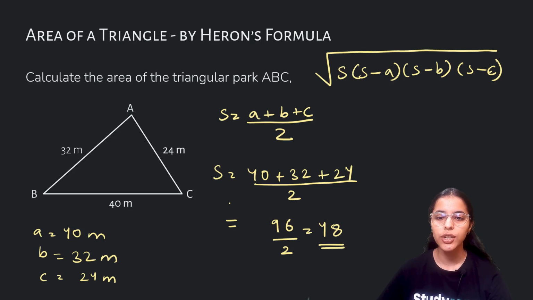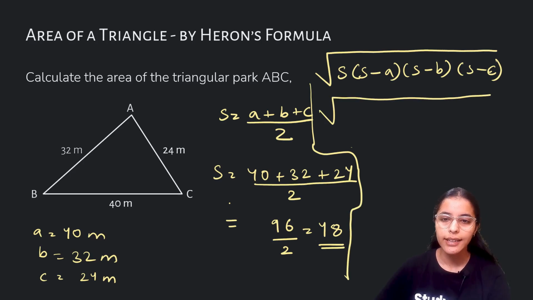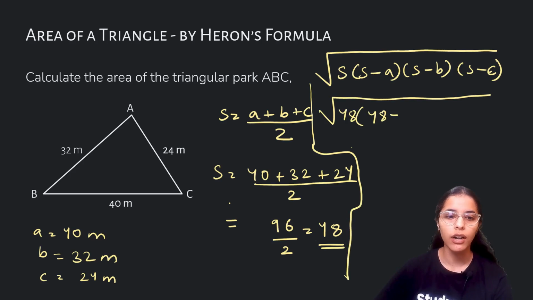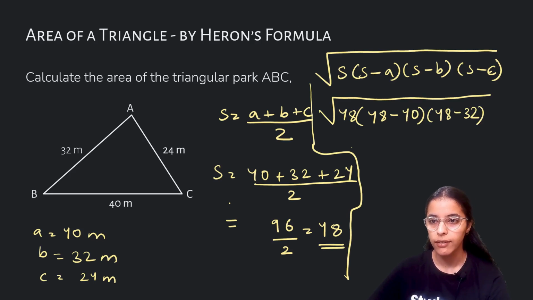Now let us substitute this value in our formula. I'll just draw a partition over here. Now when we substitute, first of all, let us write 48. Then we have to subtract: 48 minus 40, then 48 minus 32, then 48 minus 24.